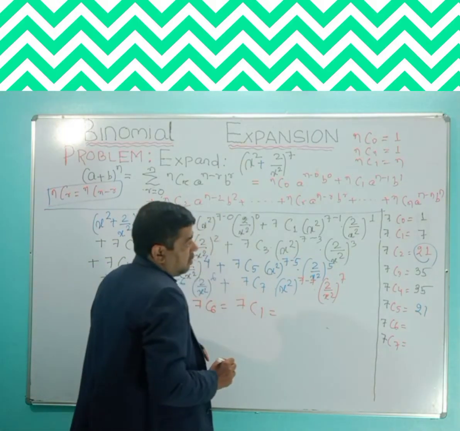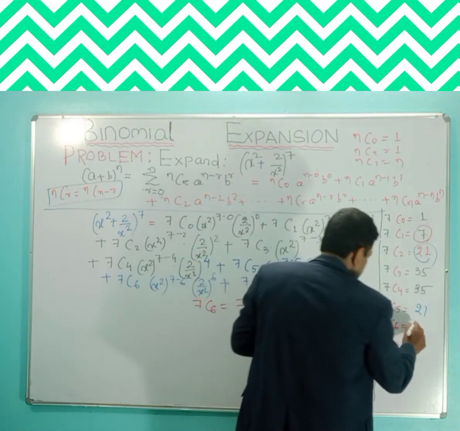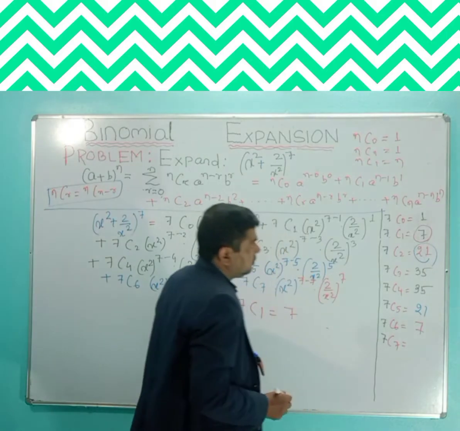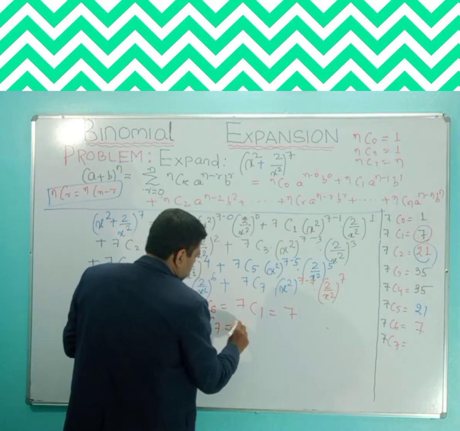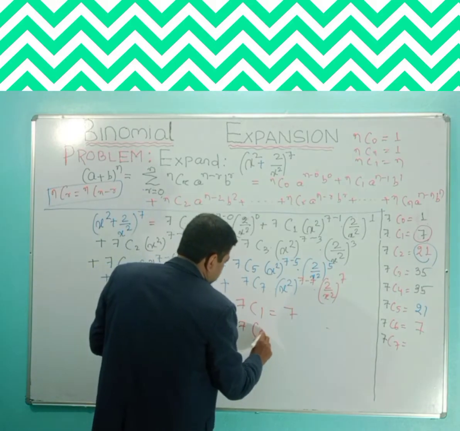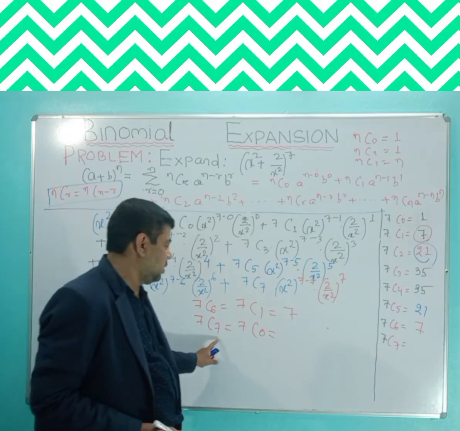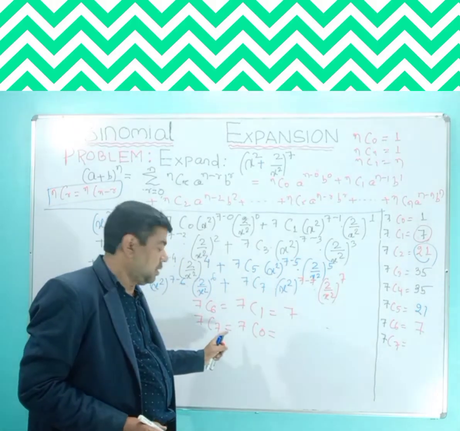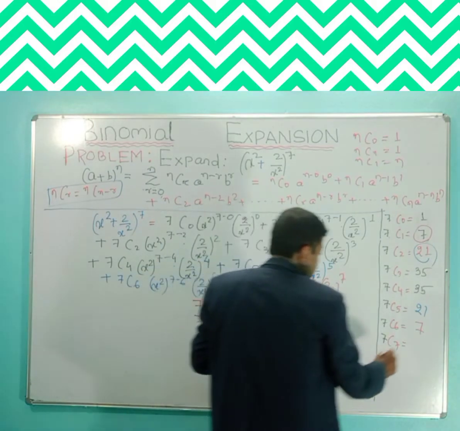The value of 7c1 we already got as 7, hence the 7c6 value is 7. And the last point is 7c7, which is equal to 7c0, since 7 minus 7 is 0. The value of 7c7 is equal to the value of 7c0, which is 1. So the value is 1.